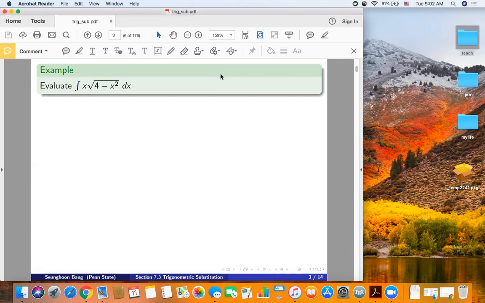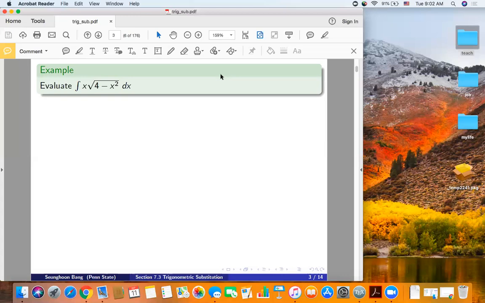The formula, for example, integral sine x dx is negative cosine x plus c. Another method is u substitution. The last one is integration by parts. So what kind of technique do you want to use for solving this problem? Do you have any idea? How can you solve this problem?